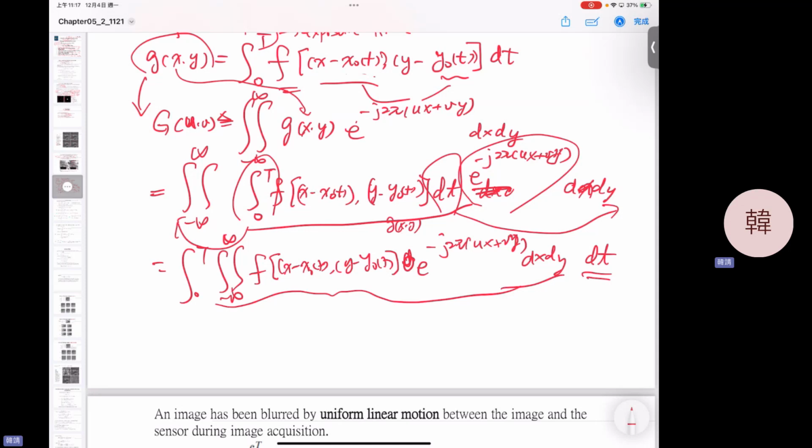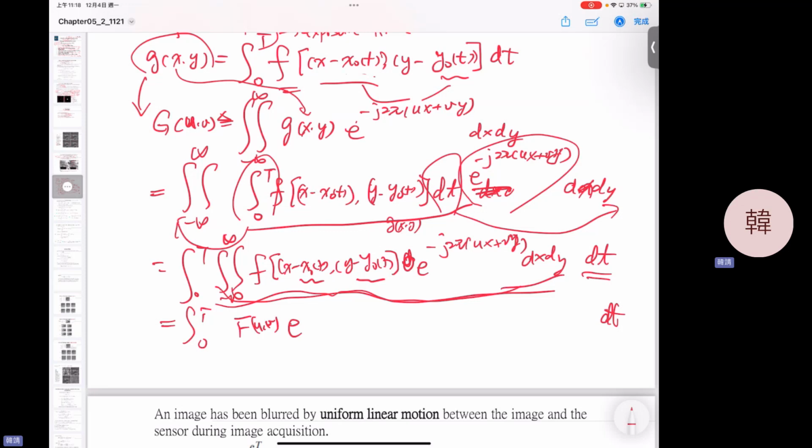If you go back and check your Fourier transform lookup table for spatial shifts, you know that one extra term will occur. The outside remains the same, dt remains the same, but inside is the transform of the f function, and because f is space shifted, the result will be F of uv. If you check the lookup table, because of the shift in these two directions, it will be times some transformed shifted term.